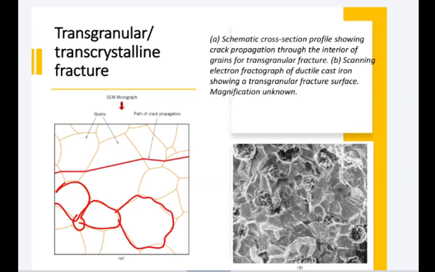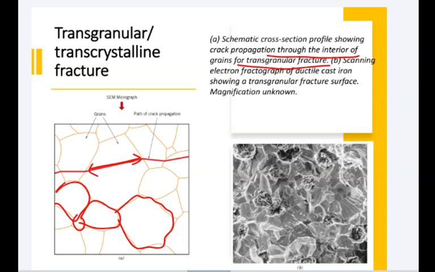Now in the transgranular fracture, or transcrystalline fracture, what happens? The crack is not propagating along the boundaries of the grain. Randomly it passes through the grain, right? You see here, the schematic of the cross-section profile showing the crack propagation through the interior of the grain for transgranular fracture.